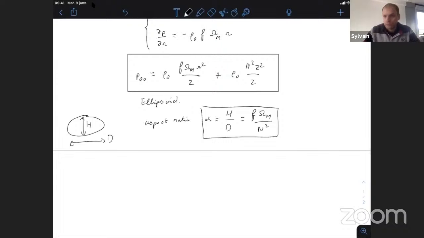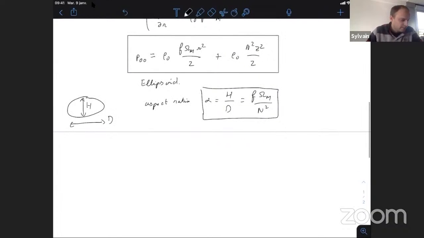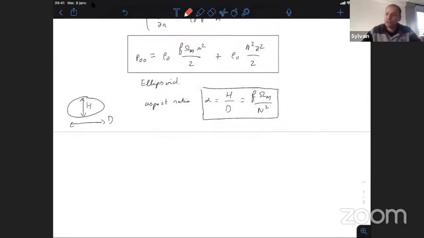Both allow the propagation of waves. They don't have exactly the same dispersion relation, but they are very similar, and you have to take into account both in reality. That was just a short reminder from yesterday, saying that we can go a bit further in the description of the experiments, with good agreement with the theory.